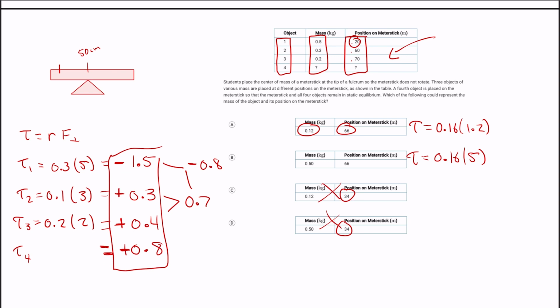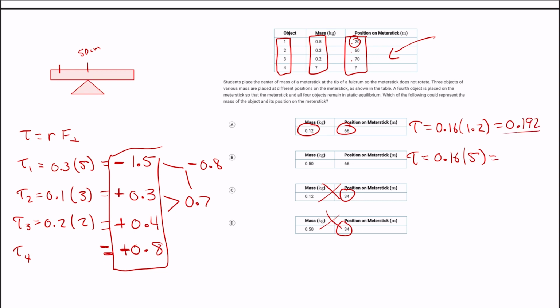All right, so looking at this, it's looking like B, but we'll go ahead and calculate it anyways. 0.16 times 1.2 equals less than 0.2, is what I meant to say. So this is equal to 0.192. That's not enough, so it's probably going to be B.